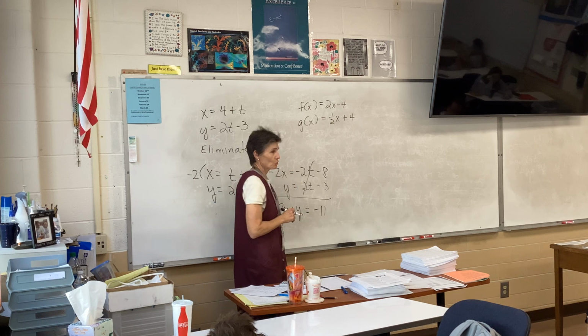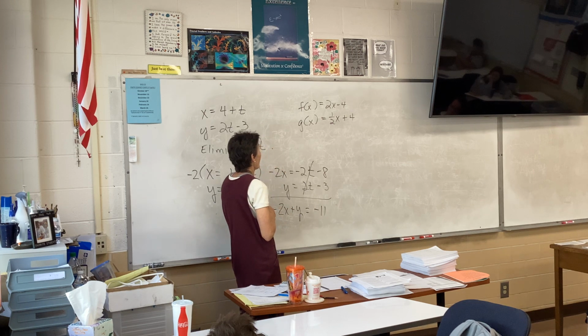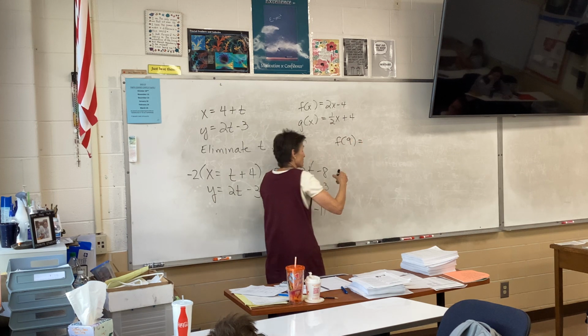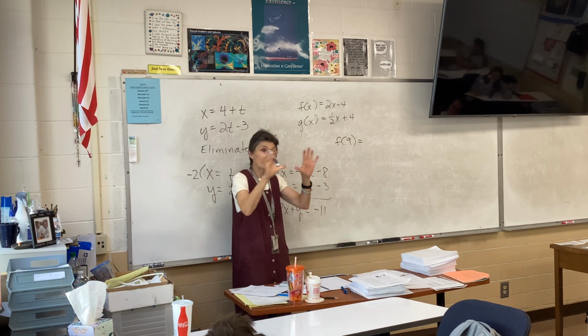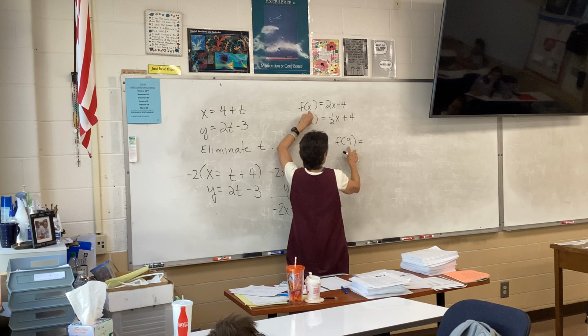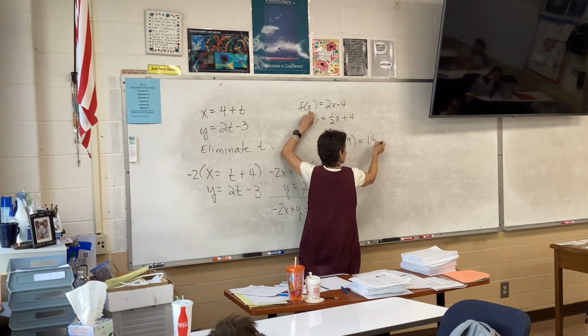Okay, Bragg, what is your football number? 9? Okay, so I'm going to find f of 9. So I am just picking a random number, any number you want to pick, and I'm putting it into the first function. What do I get if I put 9 into the first function? 14?